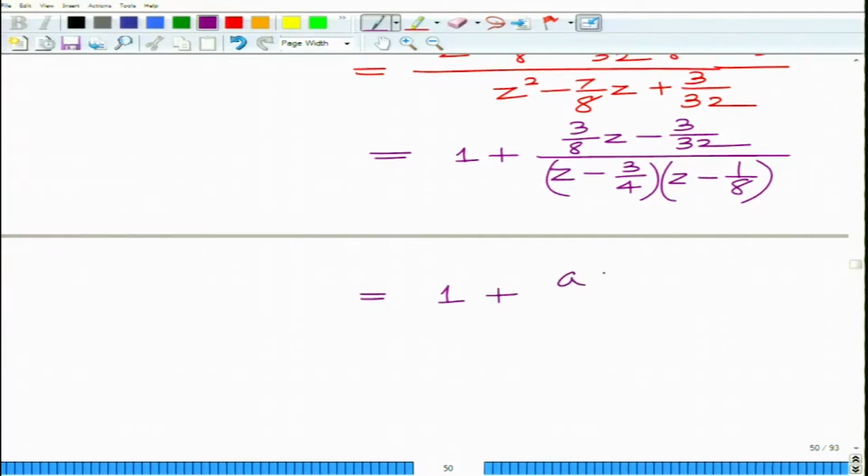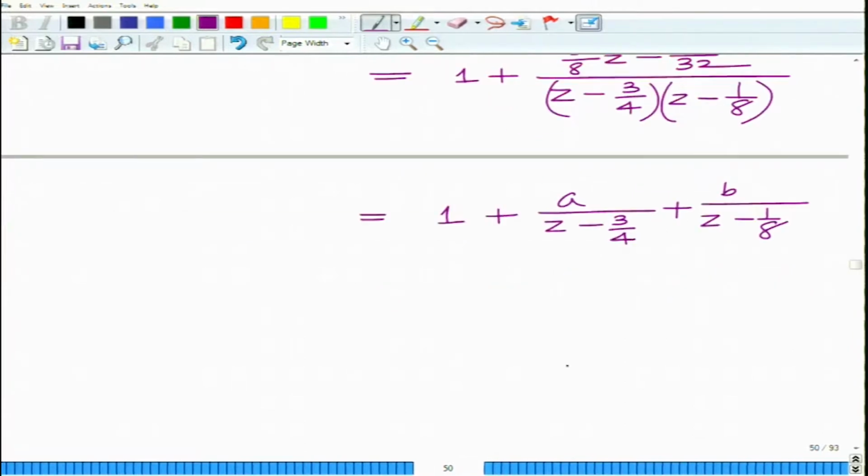Let us say this is equal to 1 plus a over z minus 3 by 4 plus b over z minus 1 by 8. You can see that the coefficient of z gives a plus b equals 1.